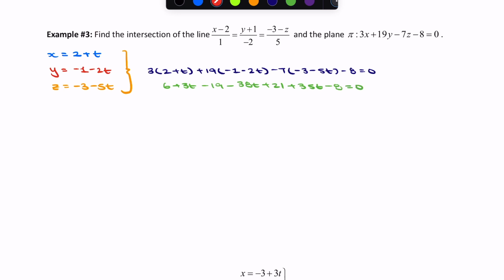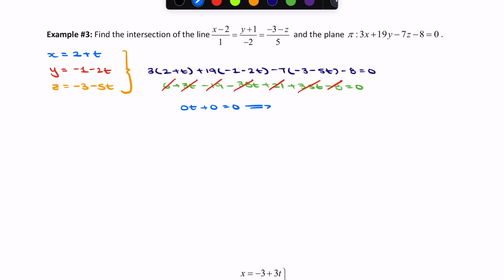Here we have 3t, negative 38t, and positive 35t. Those will cancel out. And we have 6, negative 19, positive 21, and negative 8. Those will also cancel out. So here we get our answer: 0t plus 0 is equal to 0.